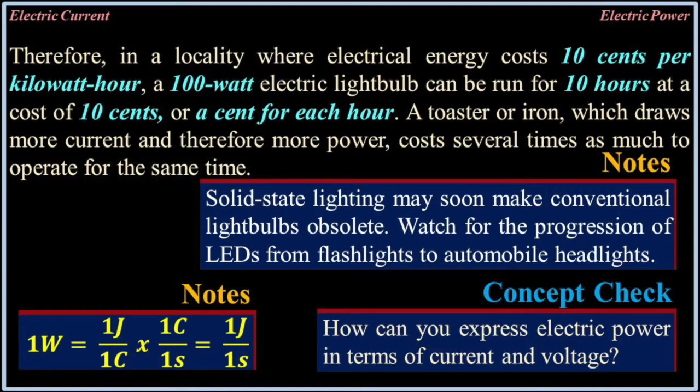Notes, solid state lighting may soon make conventional light bulbs obsolete. Watch for the progression of LEDs from flashlights to automobile headlights. Notes, 1 watt equals 1 joule per coulomb times 1 coulomb per second, which equals 1 joule per second. Concept check. How can you express electric power in terms of current and voltage?